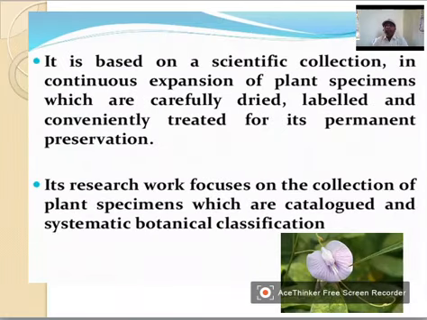So here it is based on a scientific collection in continuous expansion of plant specimens, which are carefully dried, labeled, and conventionally treated for their permanent preservation. Its research work focuses on the collection of plant specimens, which are catalogued for systematic botanical classification.